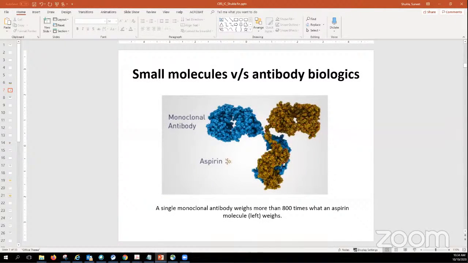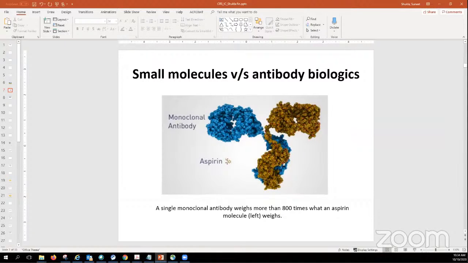Now, just for the students, to put things in perspective, there is a difference between a monoclonal antibody and a small molecule, as you say, between a large molecule and a small molecule. And this is shown by the size here.